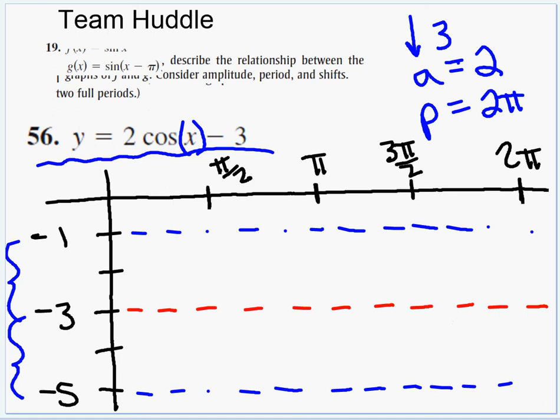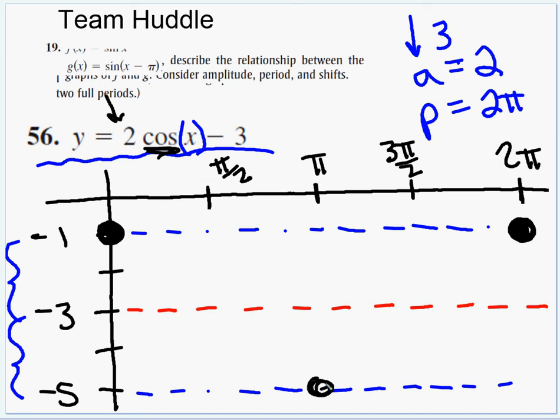So let's see. I guess I'll use black ink for the actual graph. And this is a positive cos wave, so it will start at a peak. The highest peak we have in this graph is here at -1. So that is going to be our beginning peak. Our period is ended at 2 pi, so we're going to have our ending peak at 2 pi. In between these peaks, right at pi, there has to be a valley.